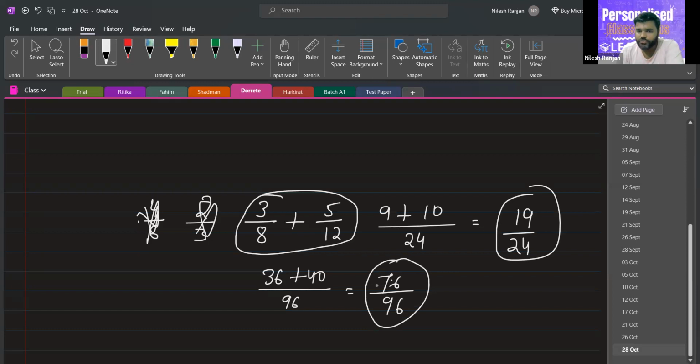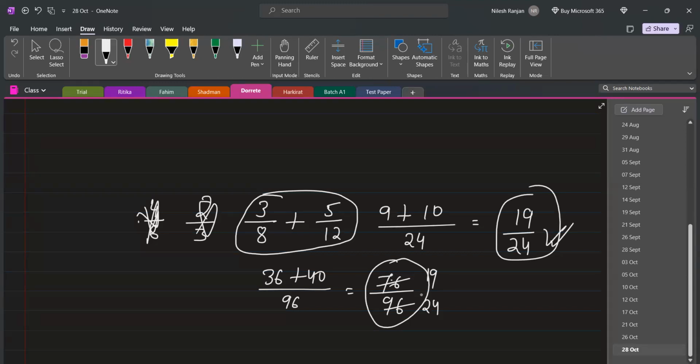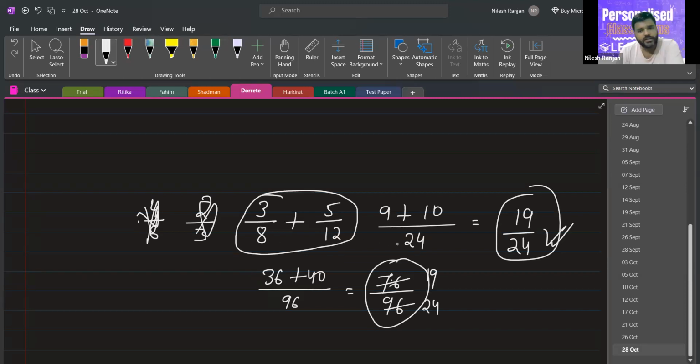So if you cut these two by 4, you will get 19 by 24. So why not directly calculate this, then this? I don't know that method. I forgot actually, this method.